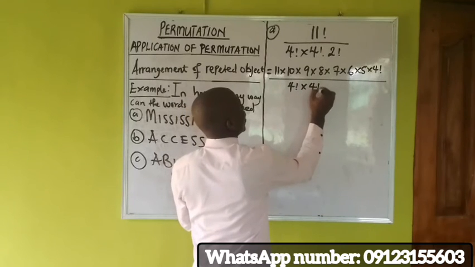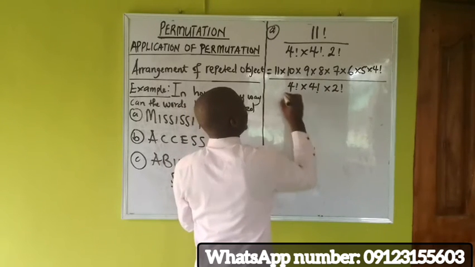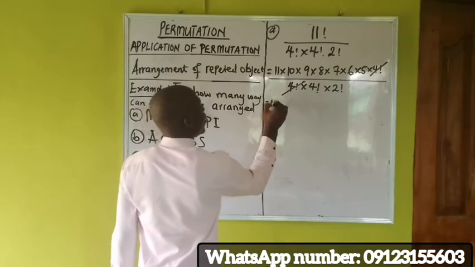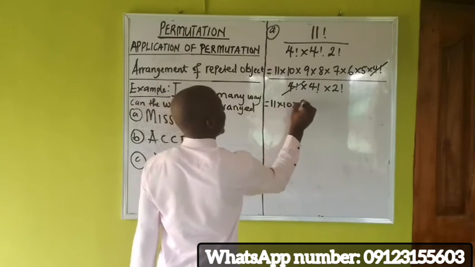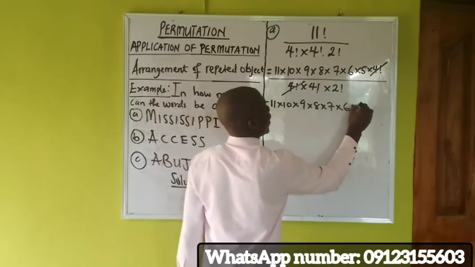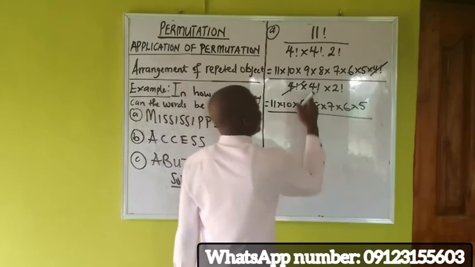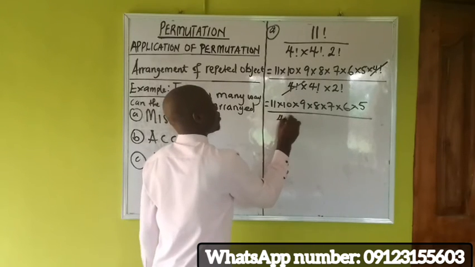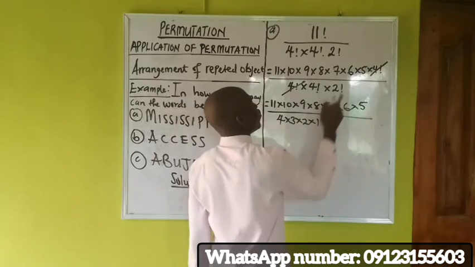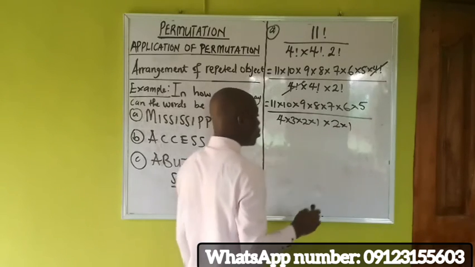This can cancel out this. I'm left with 11 multiplied by 10 multiplied by 9 multiplied by 8 multiplied by 7 multiplied by 6 multiplied by 5, over 4 factorial, which is 4 times 3 times 2 times 1, multiplied by 2 factorial, which is 2 times 1.